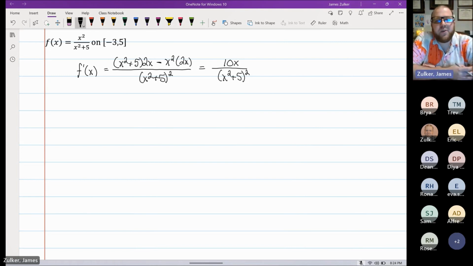All right, so notice first that this is defined everywhere. So now we just set it equal to 0 and solve. Well, that's easy. That means that x has to be 0.